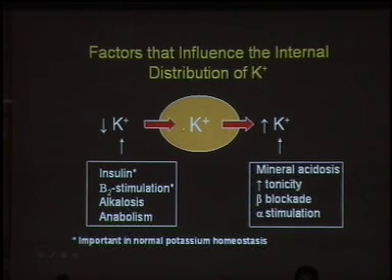Potassium goes into the cell, so serum potassium would go down. Mineral acidosis, meaning hydrochloric acid and so forth, and increased serum tonicity like hyperglycemia, beta blocker, alpha stimulation increase the cell shift of potassium out into the ECF, so increase serum potassium.